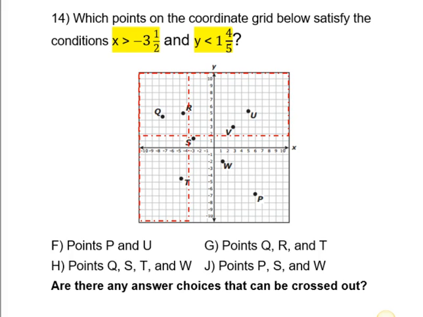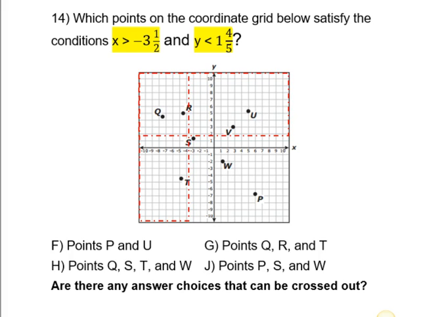For x is greater than -3/2, we plot that information, and also for y is less than 1 4/5. All of the points in the red boxes are the answers that can be eliminated because they fall outside of what we're looking for. Basically they do not satisfy these conditions.